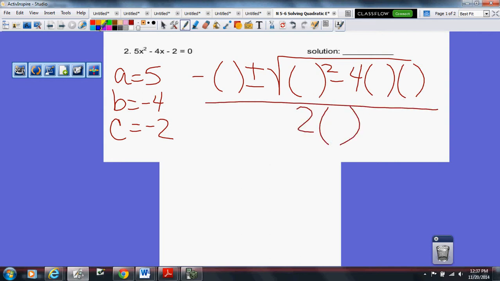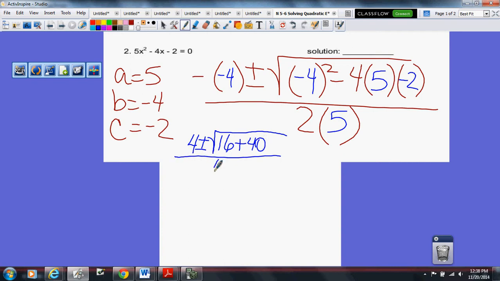So I know I have a negative 4, a 5, a negative 2, and a 5. So when I multiply that out, I'm going to have 4 plus or minus the square root, and we're going to take it step by step. So I'm going to get 16, and if I multiply 4 times 5, I get negative 20 times negative 2, I get positive 40. That's going to be over 10.